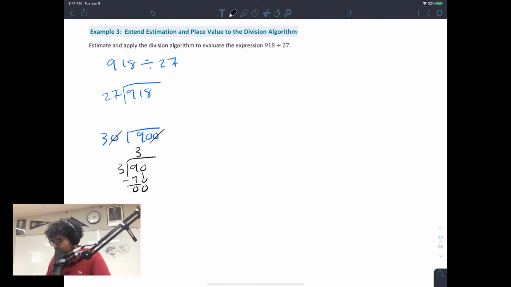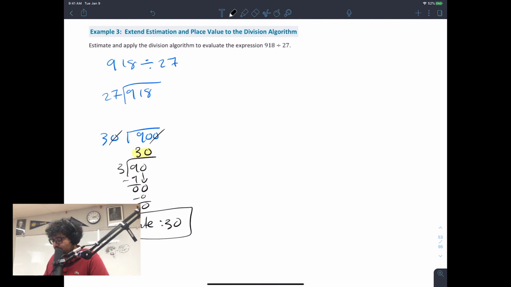You bring down the last 0. Now you say, how many times can you fit this 3 into the 0? The answer is 0. And 0 times 3 gives us 0. So you take away 0 and the answer is 0. So here, my estimate is 30.